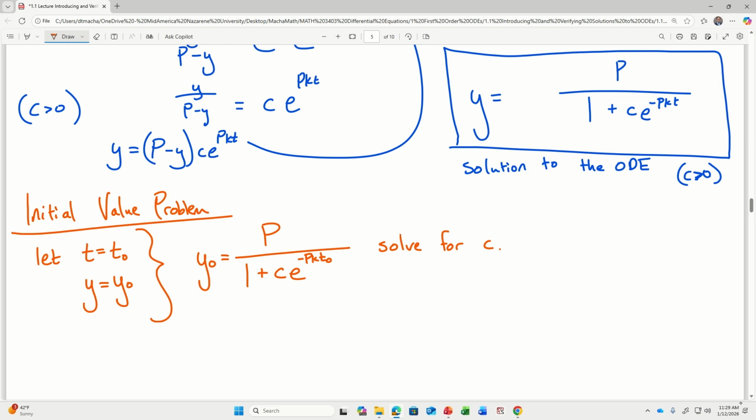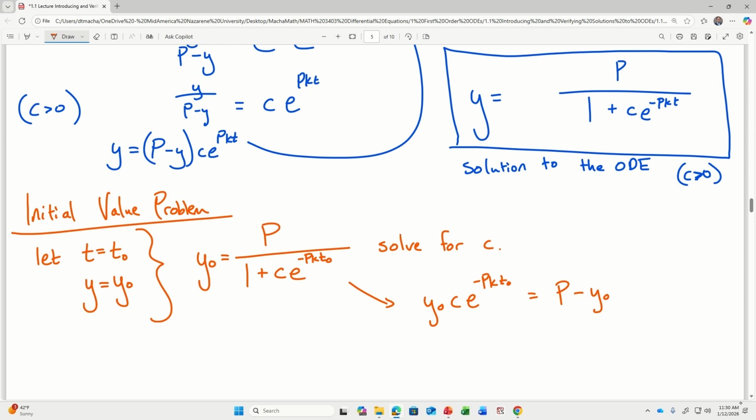We would solve for c if we multiply both sides by the denominator, distribute the y naught, and then subtract y naught from both sides. We'll see how that goes. So that way I would end up with y naught c e to the negative pkt naught is equal to, we just multiplied both sides by the denominator and then subtracted y naught from both sides.